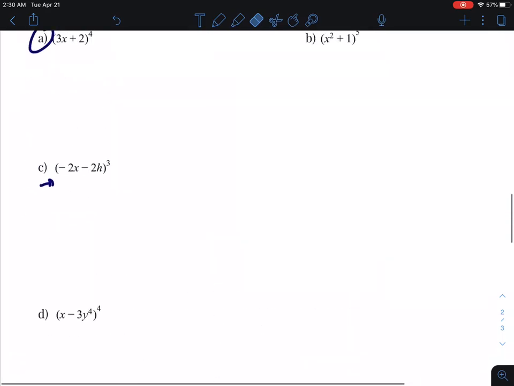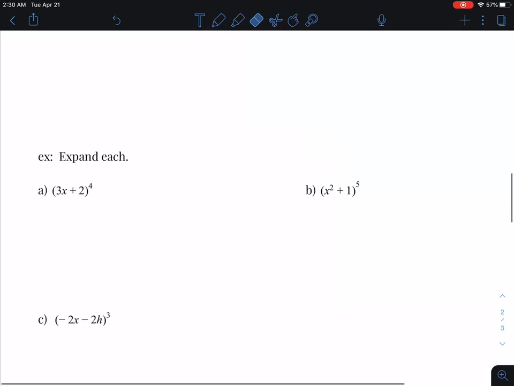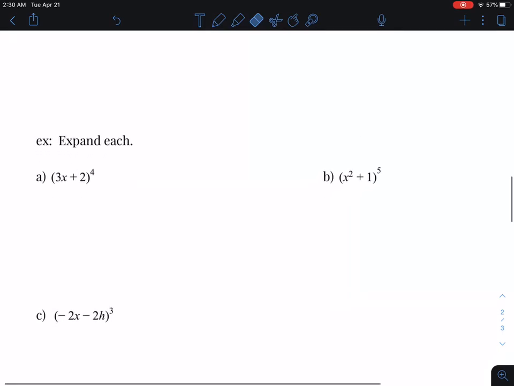So with Pascal's triangle, we're looking at this first one. And you notice that the exponent is 4. That means we're going to use the fourth row of Pascal's triangle. Now, the first one is actually called the 0th row, the one that's just 1 all by itself.